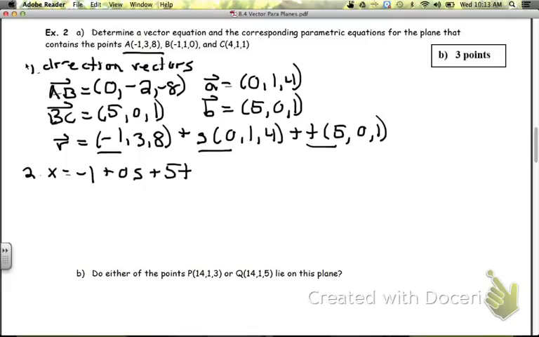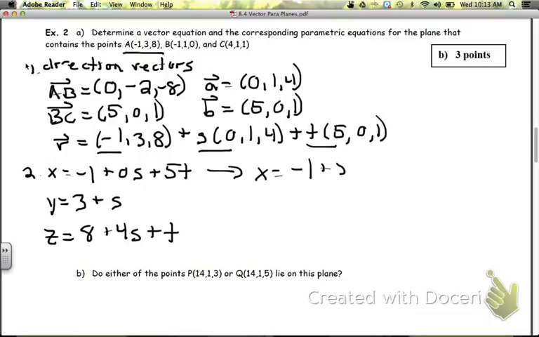Then y is equal to 3 plus s, and the t times 0 is just 0. Then z is equal to 8 plus 4s plus t. We can rewrite our x as negative 1 plus 5t. So those are our parametric equations.